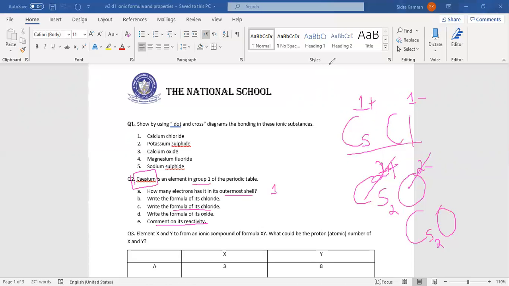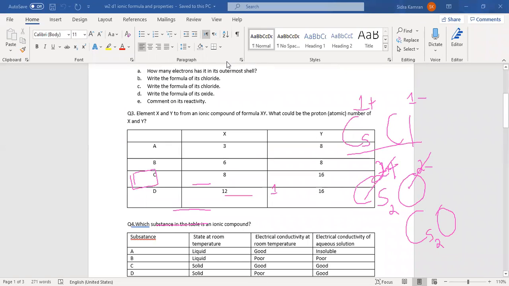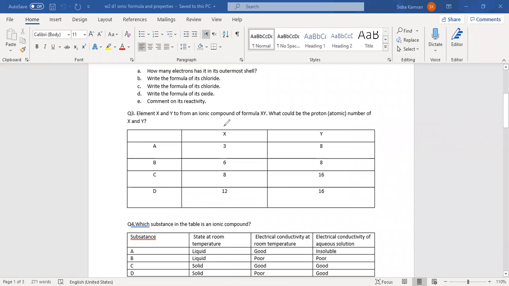Next, question number 3. Element X and element Y combine together and form an ionic compound, that is XY. This XY shows that both elements have the same valency.